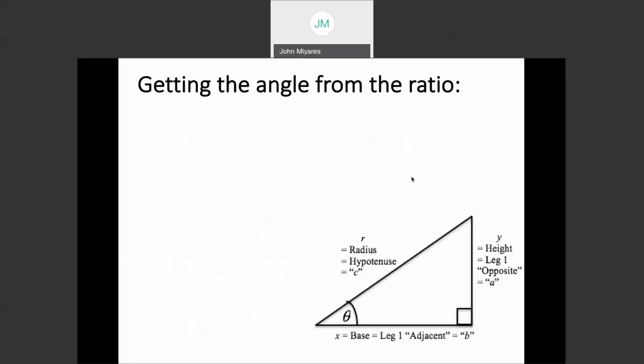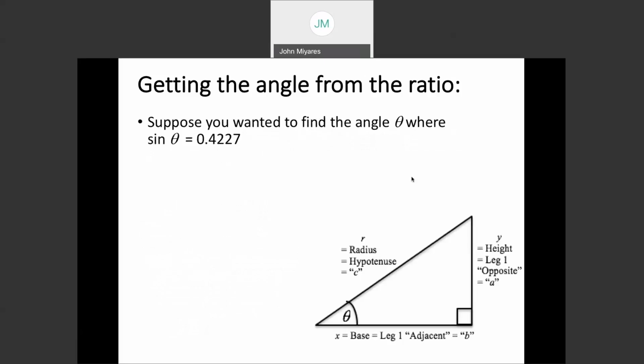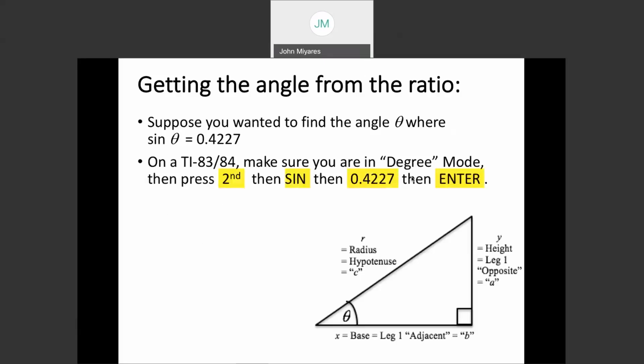So let's say we're trying to find the angle in a triangle, knowing that we have the ratios or even just the side lengths. Suppose we were told that the sine of angle theta was 0.4227 and you wanted to find the measure of angle theta. This is where we're going to use the inverse sine function to go backwards on this.